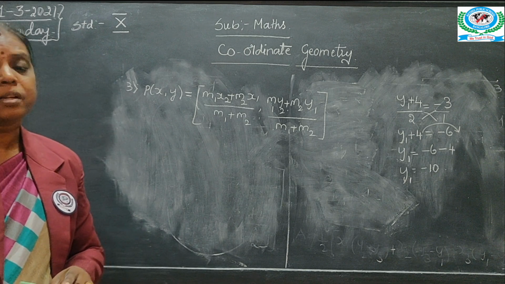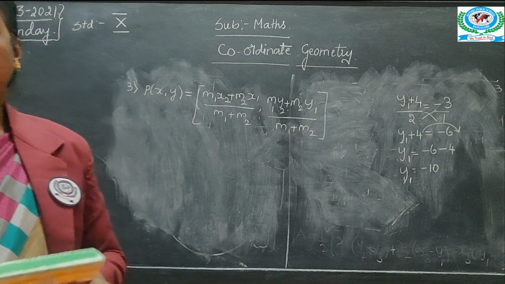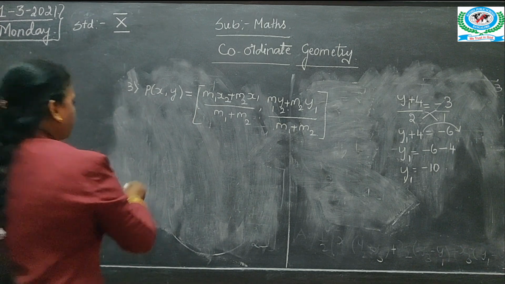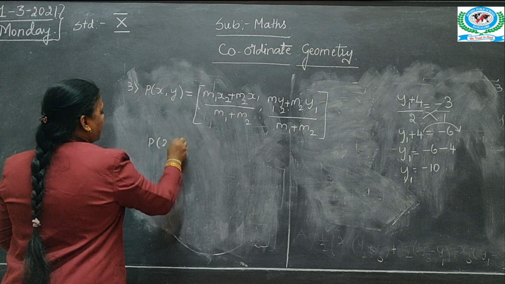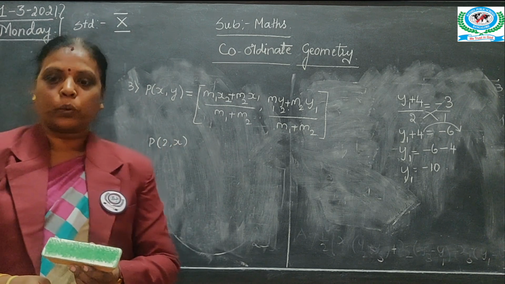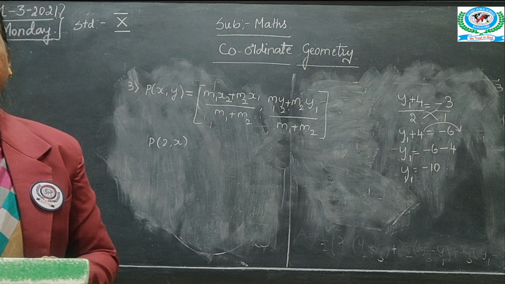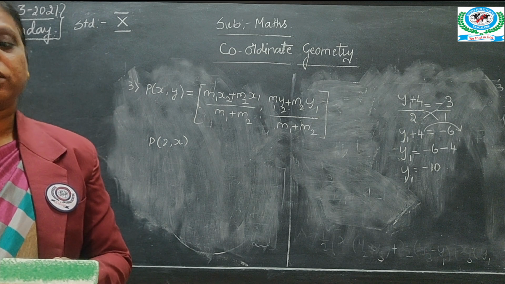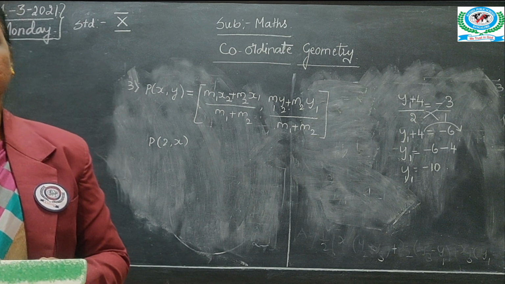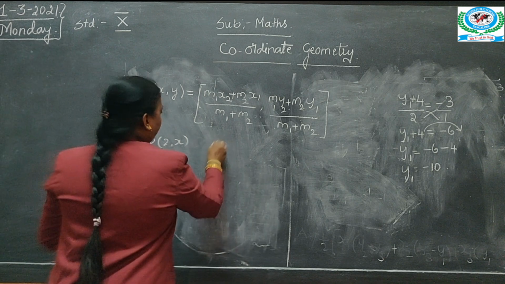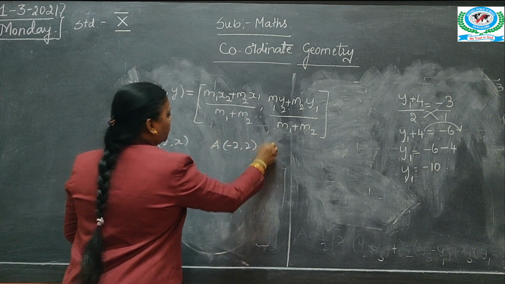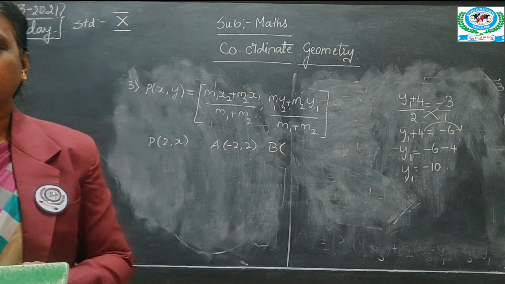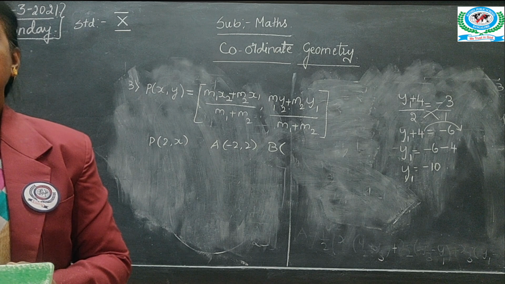So the problem is, find the ratio in which the point P (2, x) divides the line joining the point A (-2, 2) and B (3, 7).